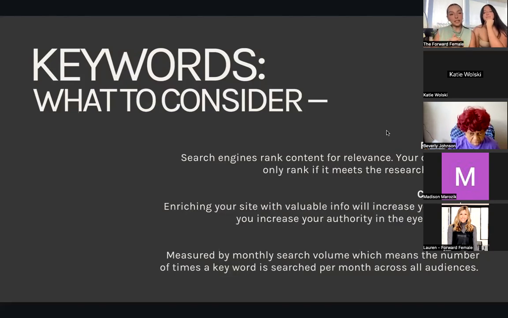The next thing that we want to consider is credibility. You want to be seen as credible by Google, by social media platforms, by whatever search engine, Bing, whatever search engine there is. This means you need to have not only valuable information on your site, but information that is accurate.